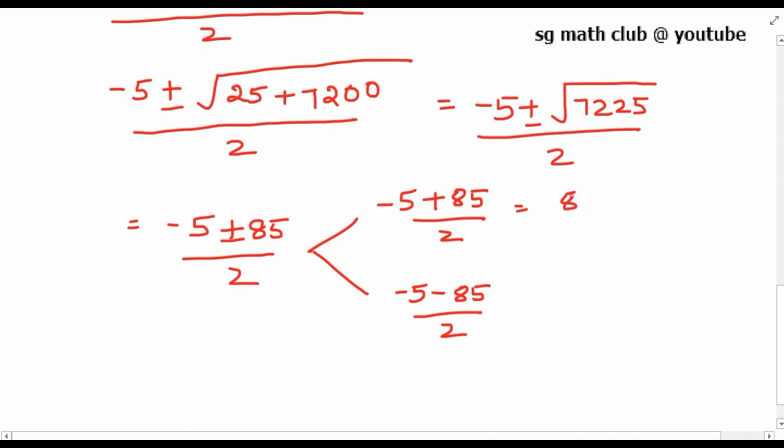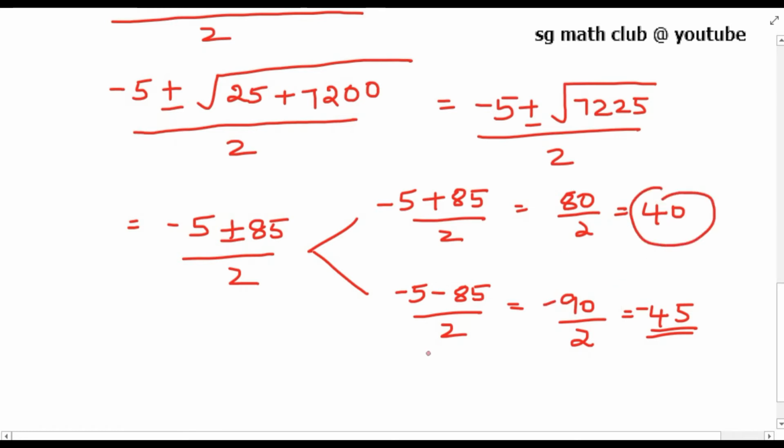It is 80 by 2 is 40, and minus 90 by 2 is minus 45. Speed of the train cannot be negative. So the speed of the train is 40 km per hour.